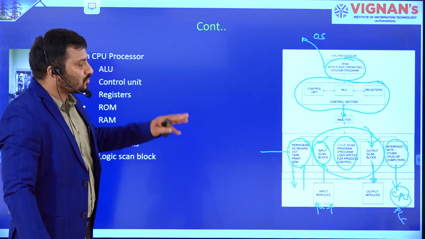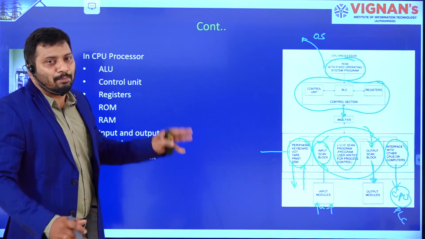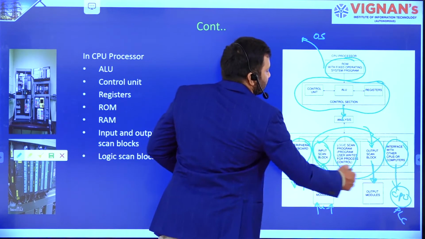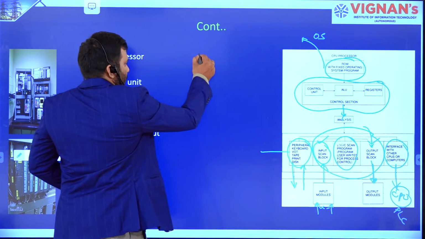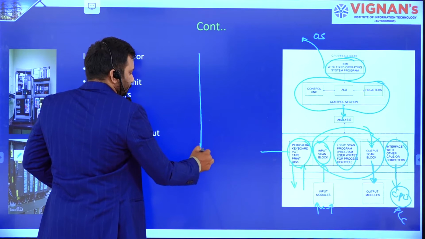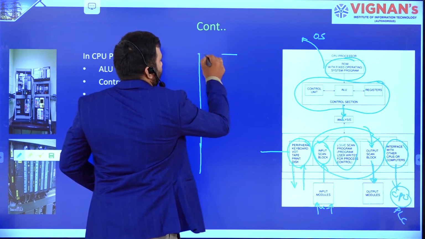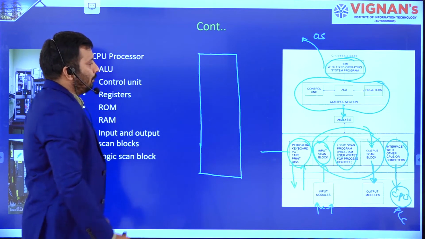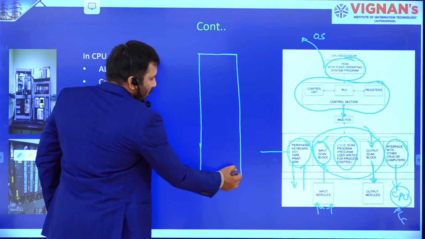These are blocks of data, not any other kind of block. This is all memory. These 3 are memory. That means what? This is, for example, memory, right? So how is memory going to be organized?